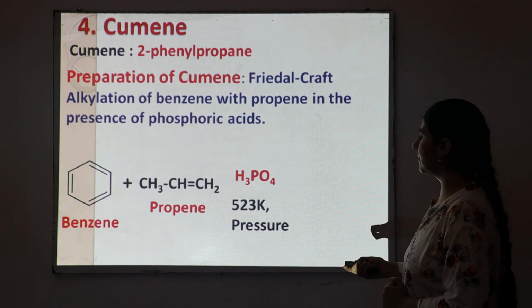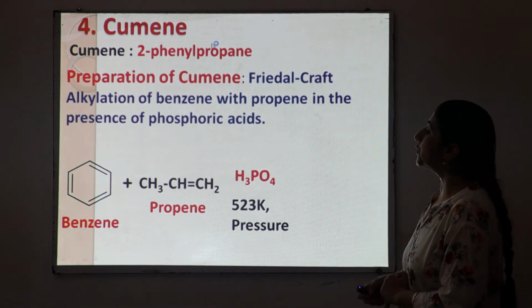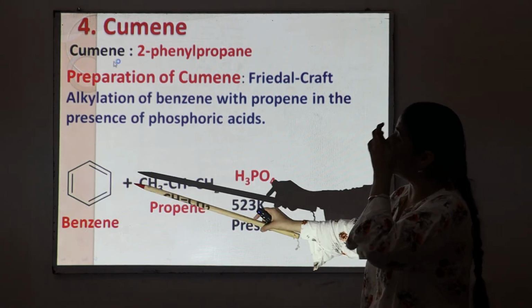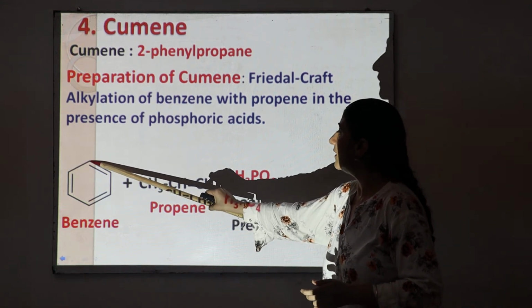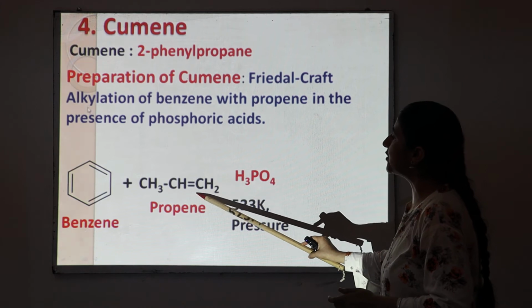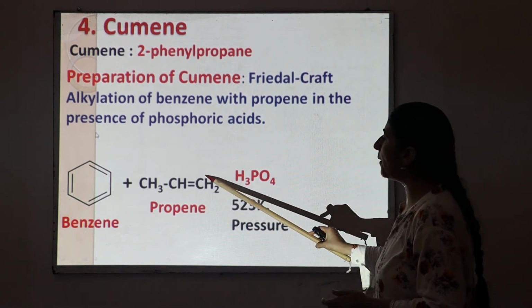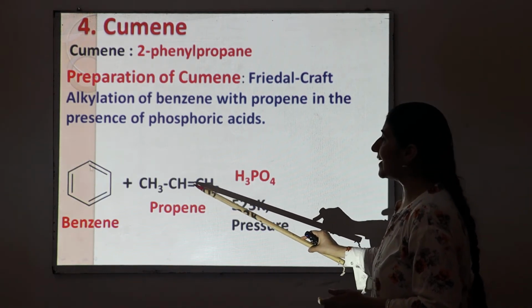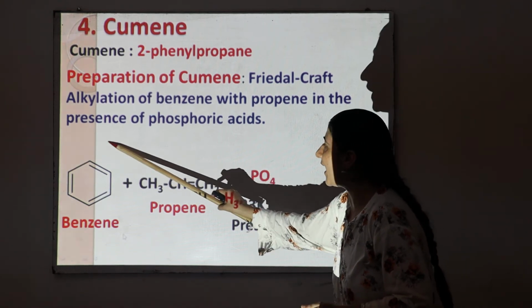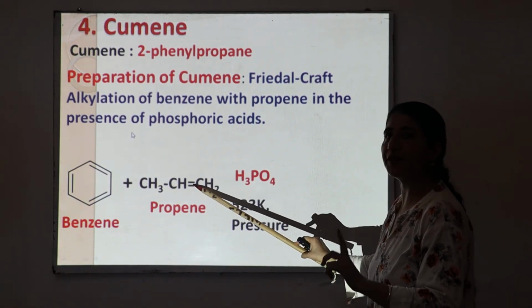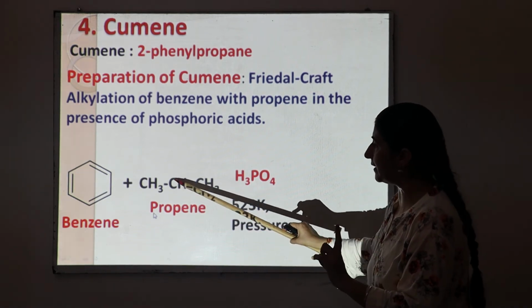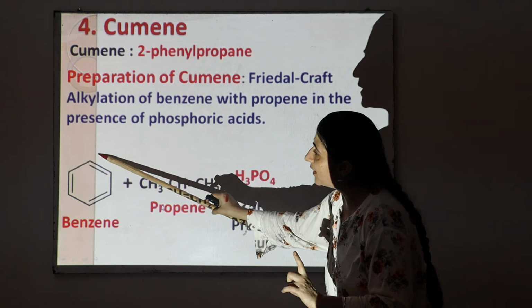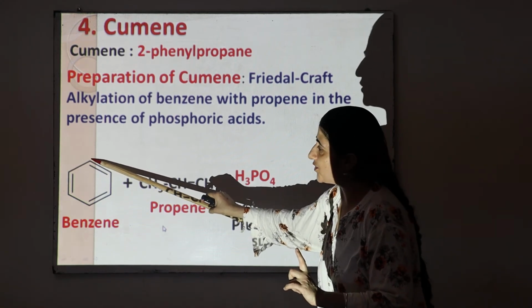Kelvin and atmospheric pressure. In this case, this carbon contains a hydrogen, and this hydrogen shifts to the CH2 group and forms CH3. As a result, due to the shifting of hydrogen, the double bond is converted to a single bond, and the second carbon of the propene is attached to this carbon of the benzene ring.